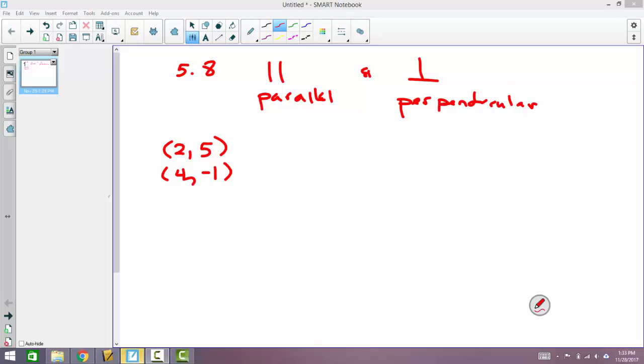So that would be standard form, which is ax plus by equals c. That would probably be the last form you'll write it in.